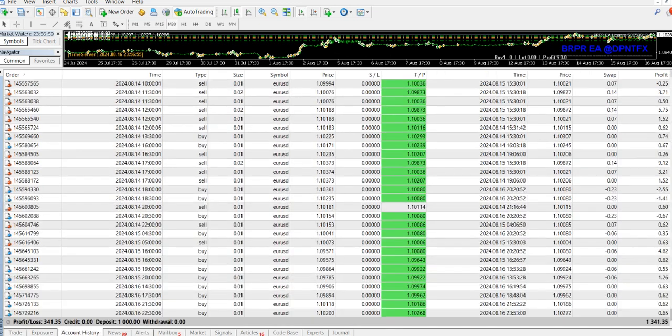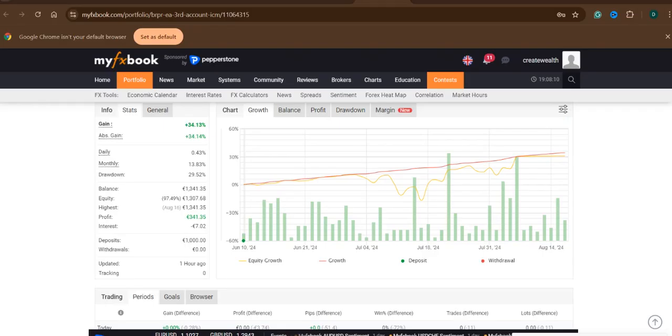Let's go to its MyFXBook statistics. Hold on for a second, please. So this is the MyFXBook statistics. The maximum drawdown is 29.52%, and this is when we started with 1,000, so we can say it's not bad actually.